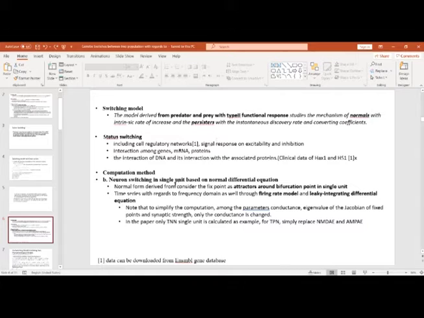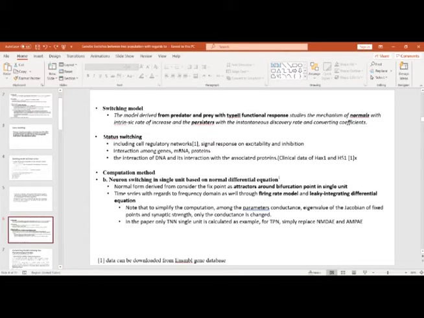Then for the second method, it's also our switching model, based on the ordinary differential equation. Similar to the first one, we have the attractors found with the eigenvalue computation method, and the attractors are found at the bifurcation points in a single unit.